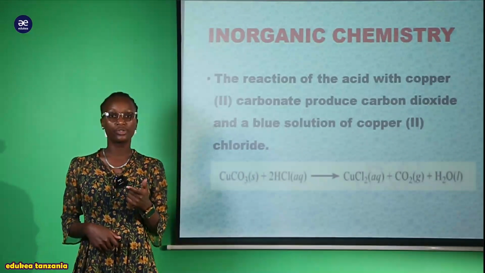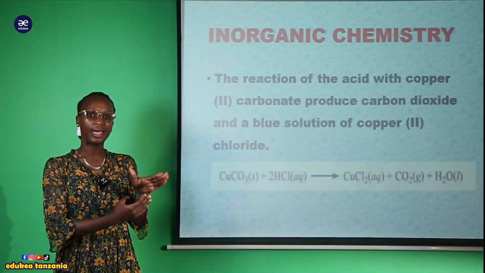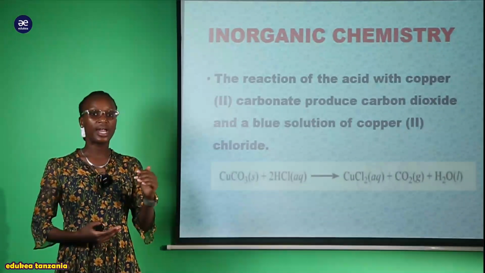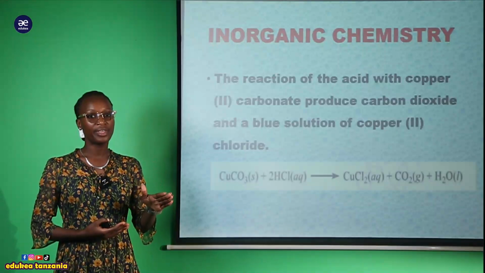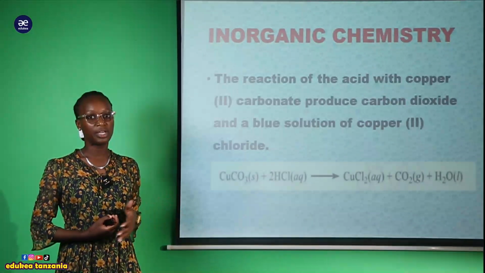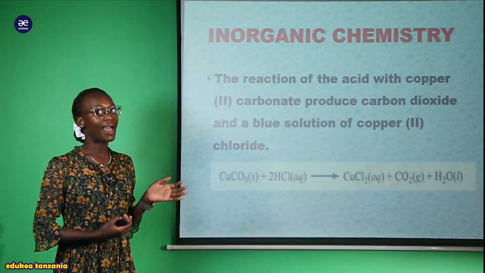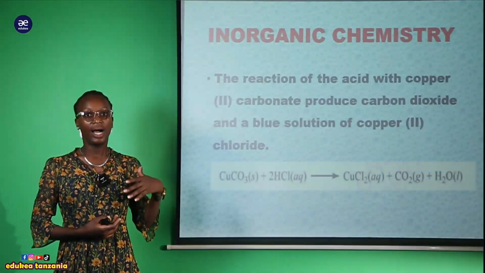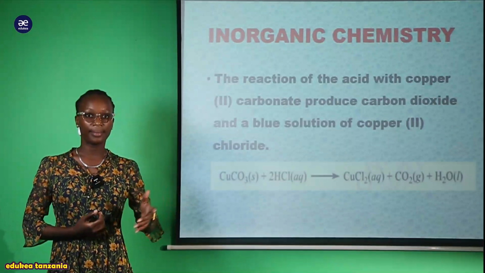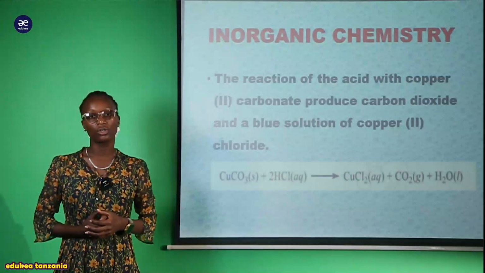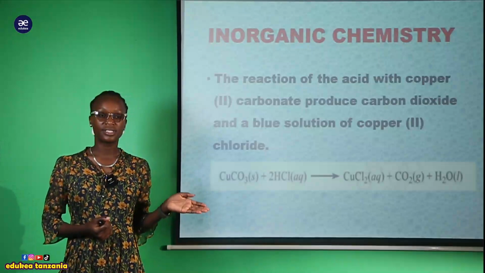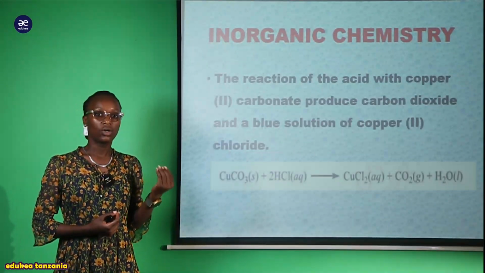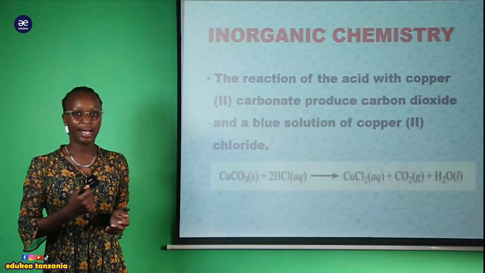In the previous session, we looked at the reaction or the chemical properties of these carbonate compounds, and tulijaribu kuangalia the reaction of the dilute acid with metal carbonates. Tukaona zinc carbonate and sodium carbonate, how do they react with the dilute hydrochloric acid, and tukaona kwamba moja kwa moja tunaenda kupata the water, the chloride solution, but also carbon dioxide gas.